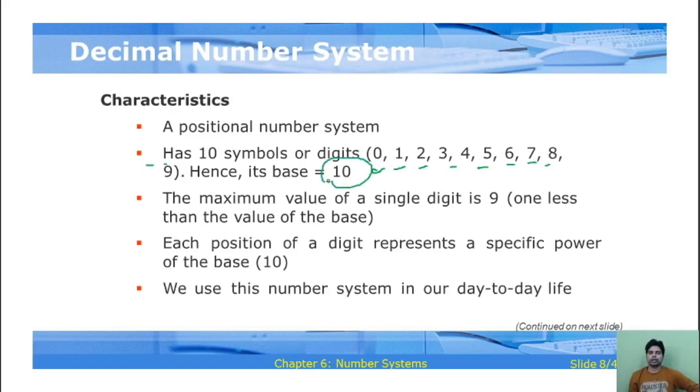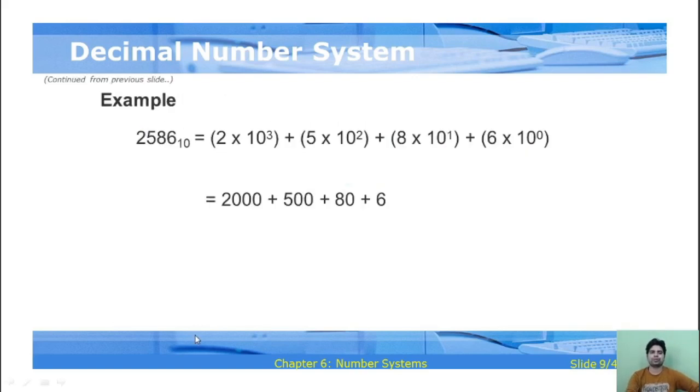The maximum value of a single digit is 9, 1 less than the base. Total values are 10, that's why the base is 10. Each position of a digit represents a specific power of the base, and we use this number system in our day to day life also.